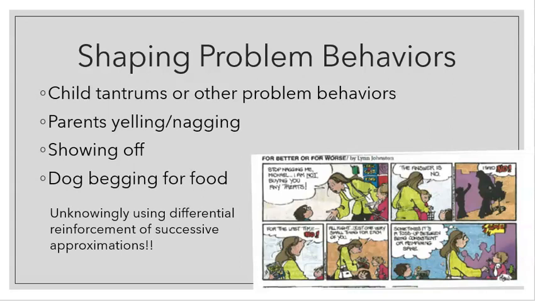So even though she's trying to be a good parent and she's picking up, she's playing with him, she's only playing with him after he does something bad. She's picking up after him after he does something bad. So he's thinking, if I do these bad things, I'll get attention. And so this can actually lead to an increase in these problem behaviors. So she's actually unknowingly used differential reinforcement of successive approximations. Okay?